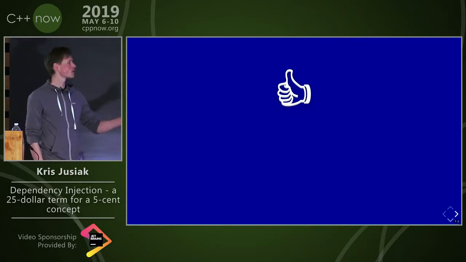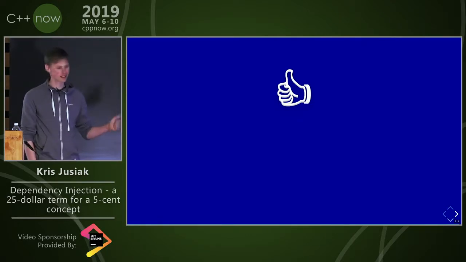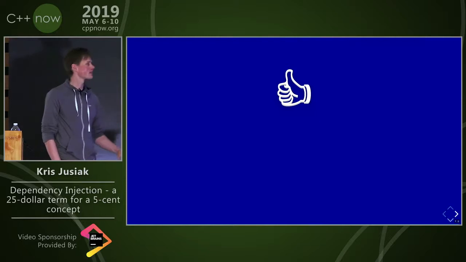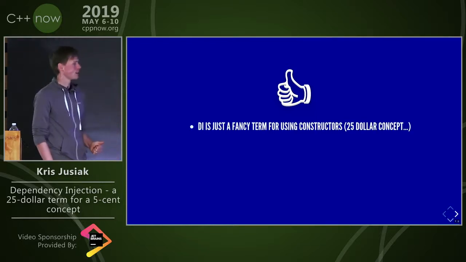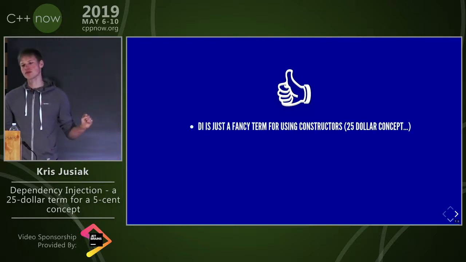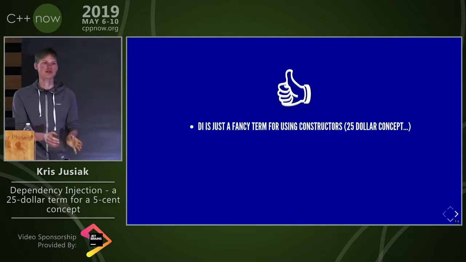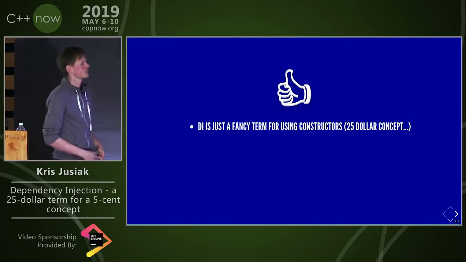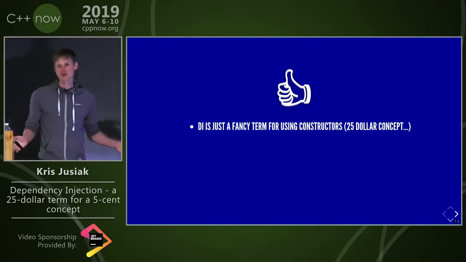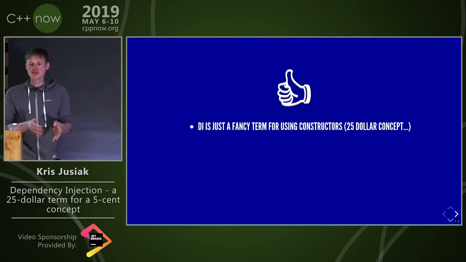So just to sum up the main part of the talk, because we have like one minute left. DI is just a fancy term for constructors. As I pointed out, it's a $25 concept for a 5 cent term. It's very simple, however, we can screw it up.